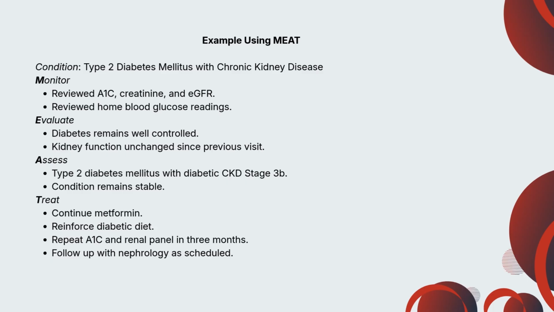Kidney function unchanged since previous visit. Assess: Type 2 diabetes mellitus with diabetic CKD stage 3B. Condition remains stable. Treat: Continue metformin. Reinforce diabetic diet. Repeat A1C and renal panel in 3 months. Follow up with nephrology as scheduled.